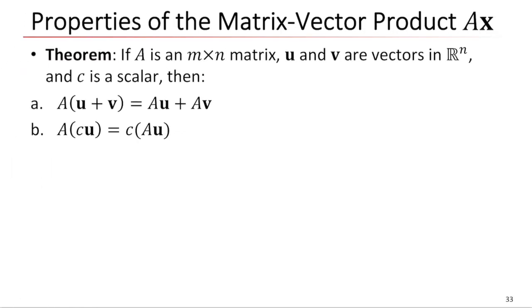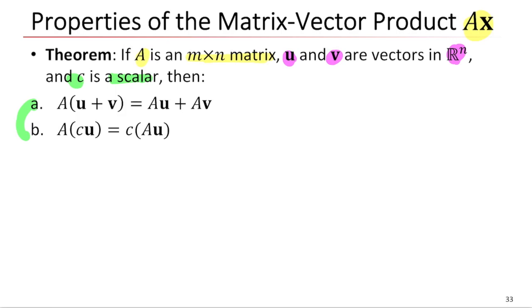Okay, there are two last properties of the matrix-vector product A times X. Here is the theorem. If A is an m by n matrix, U and V are vectors in Rn, and C is a scalar, then there are two properties.